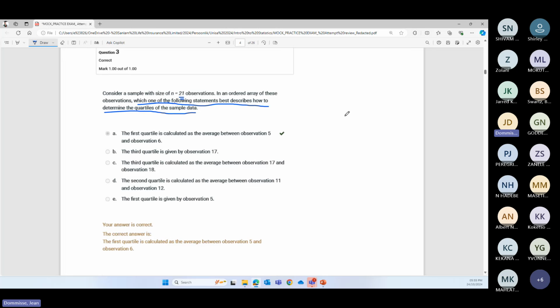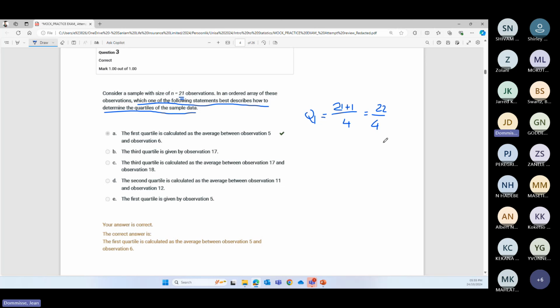Okay, this is quite interesting. How I would have worked it out: 21 plus 1, so that would have been 22 divided by 4. That's now for Q1.